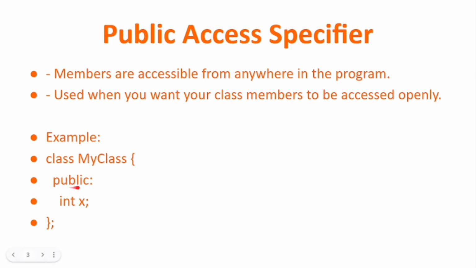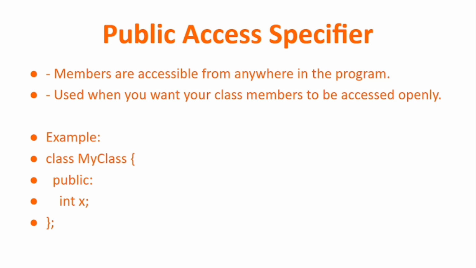This is public, and after this we write the functions and variables. That means this variable x can be accessed inside the class, and it can also be accessed outside the class, in the main function, and in different classes. It has been declared publicly, so we can access it throughout the whole program.